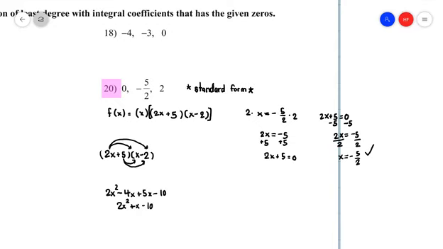But I still have that x that I need to multiply that entire thing by, so I'll take 2x squared plus x minus 10, multiply it by x, which just raises the power on each. So 2x cubed plus x squared minus 10x.